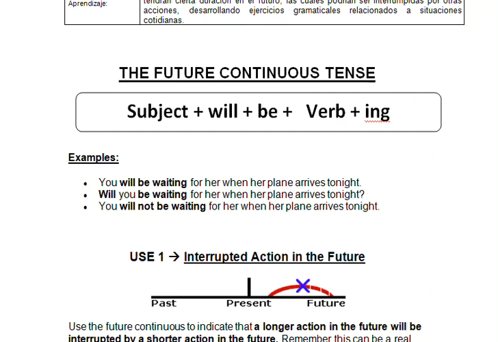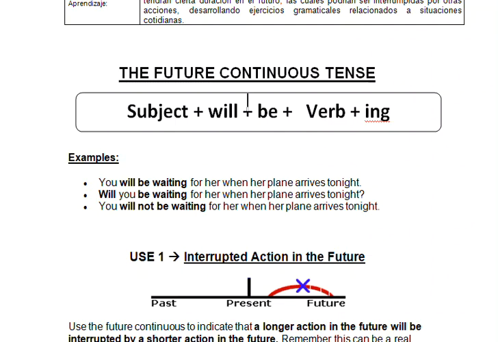Siempre estábamos haciendo estos cuadros where you had the positive, the negative, and the interrogative sentence. We used to do that in order for you to be more familiarized with these kinds of sentences. If you know how to create positive, negative, and interrogative sentences in one tense, you will be able to do it in all the tenses of the English language.